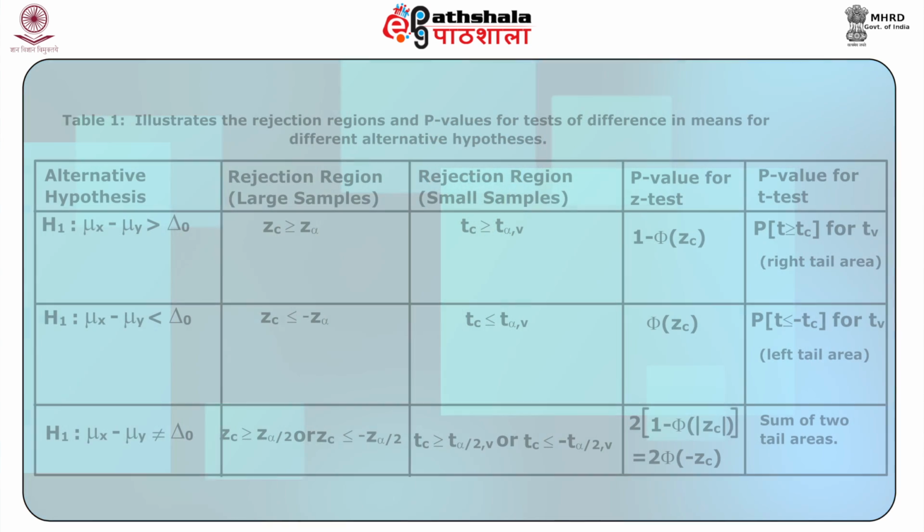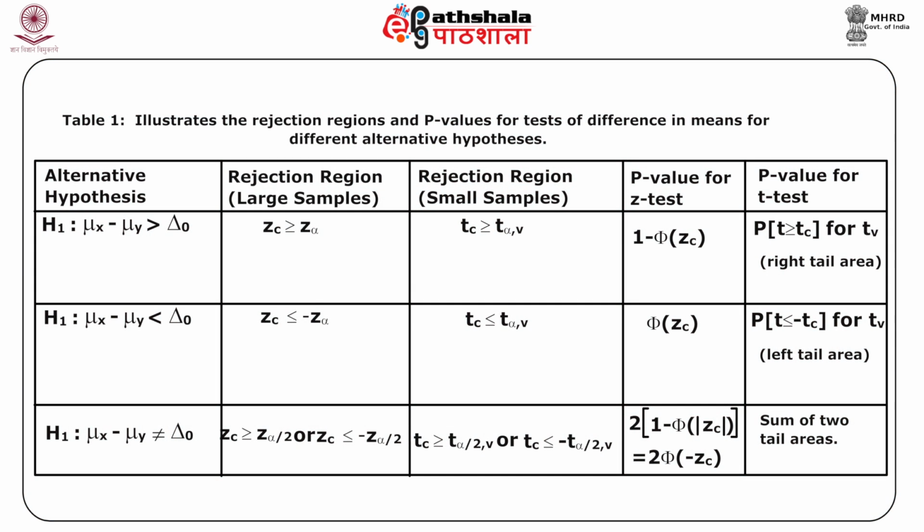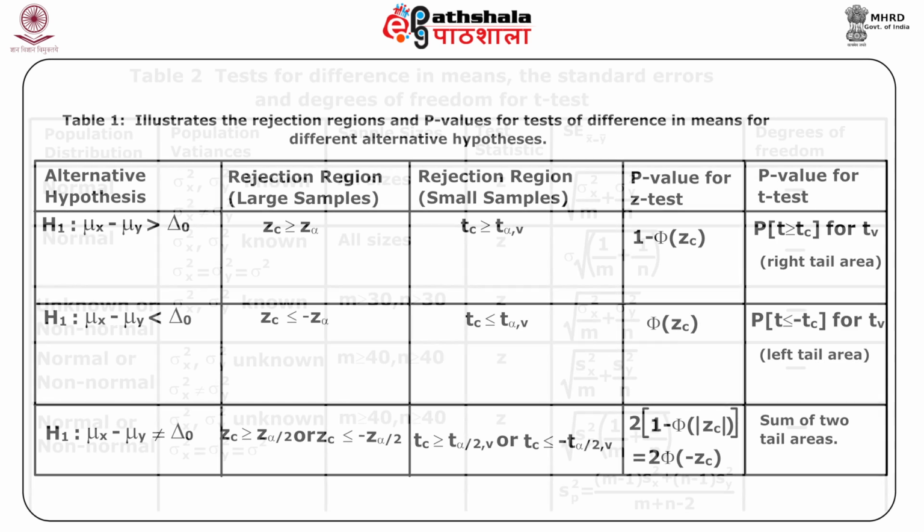The decision rule also remains unchanged. For significance level alpha, reject the null hypothesis if the p-value is less than or equal to alpha. Don't reject hypothesis H0 if the p-value is greater than alpha. You can see all these decision rules in table 1.